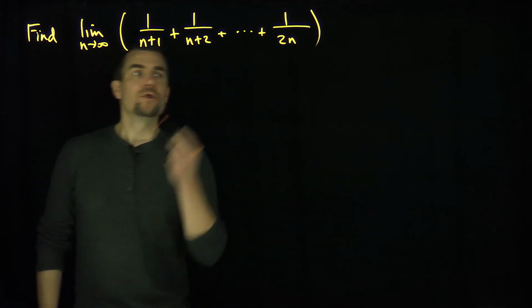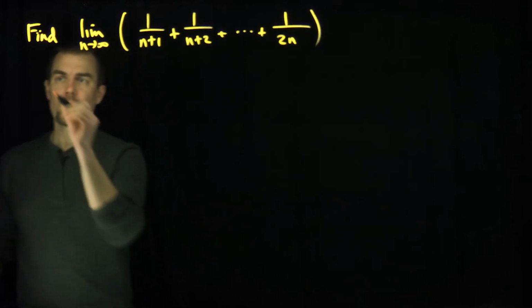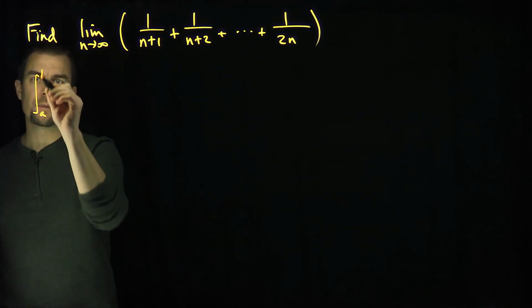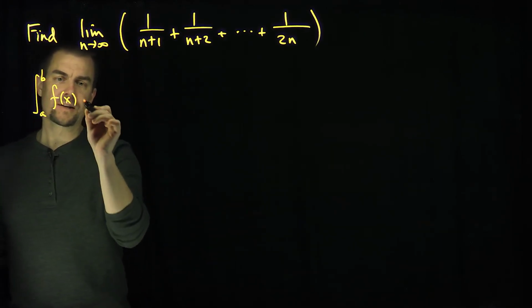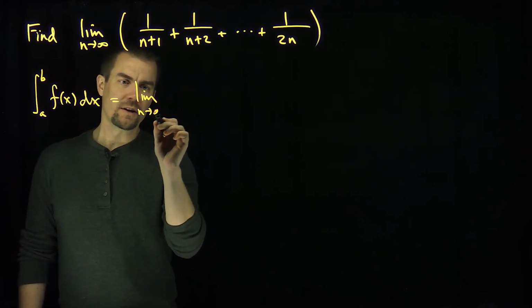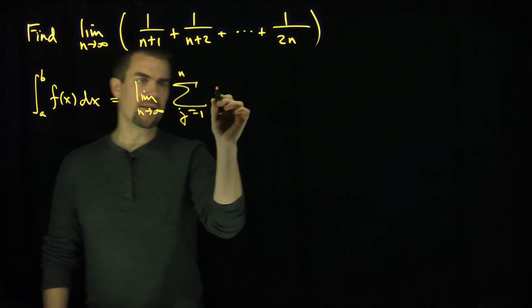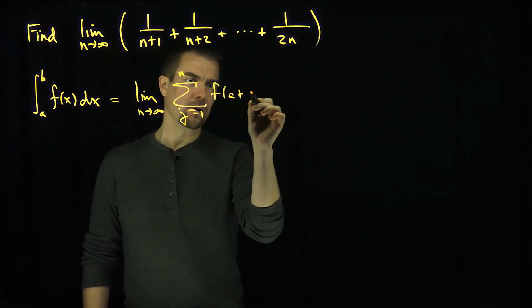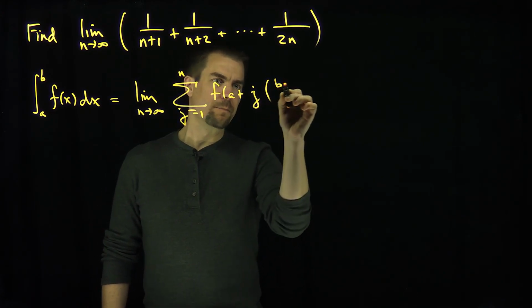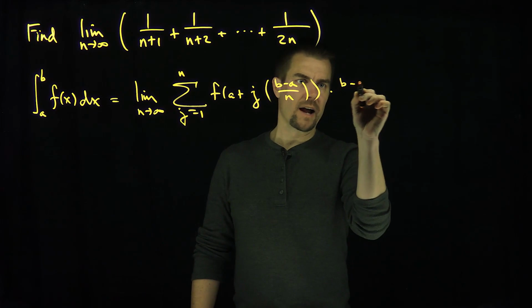Now, to evaluate this limit, I'm going to remind us of the definition of an integral. Recall that the integral from a to b of f of x dx is a limit of sums. It's the limit, as n goes to infinity, of the sum, j goes from 1 to n, of f of a plus j times (b minus a) over n, times (b minus a) over n.